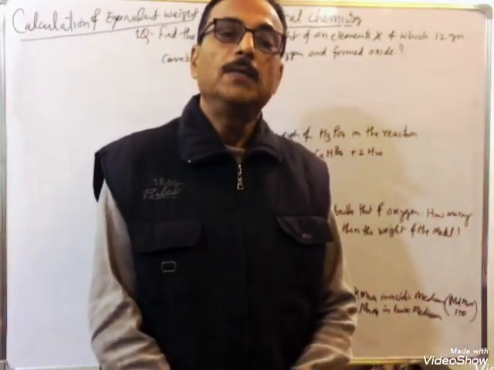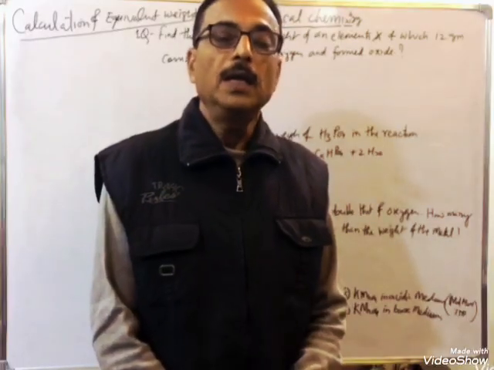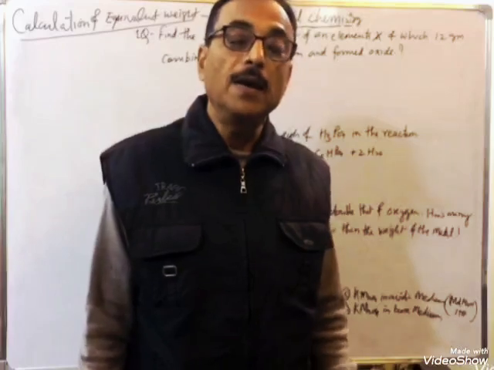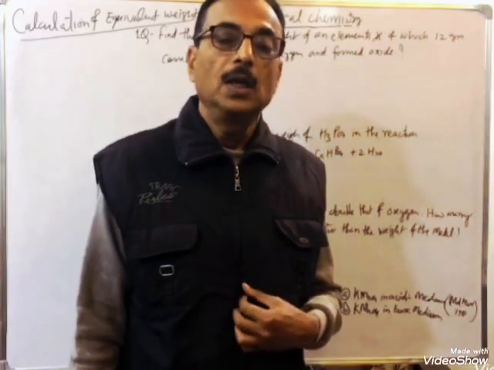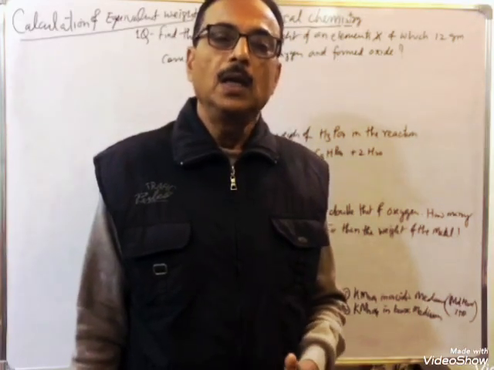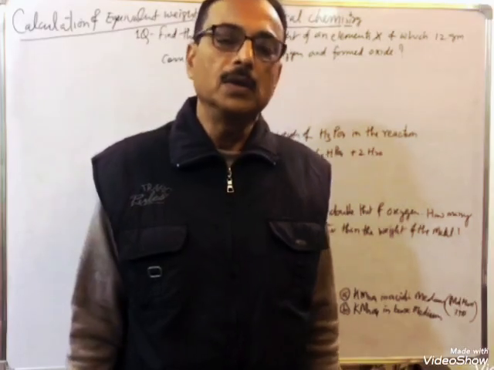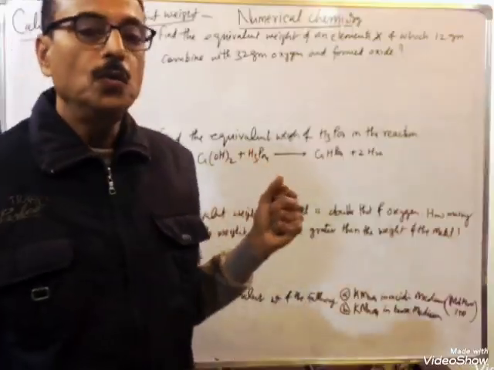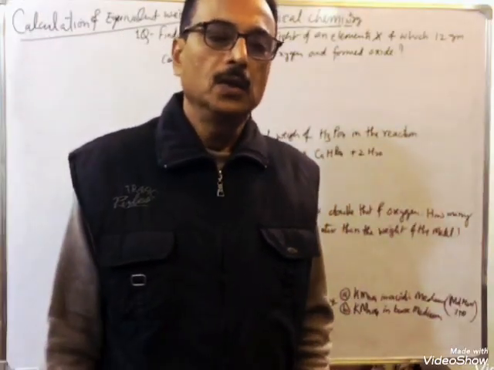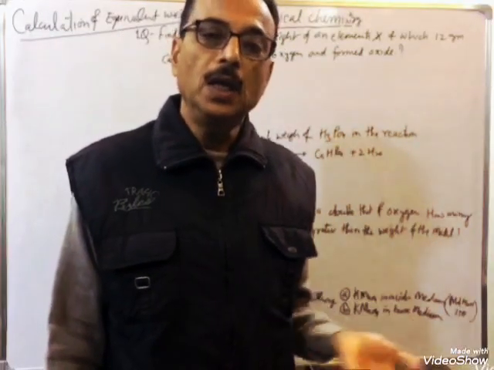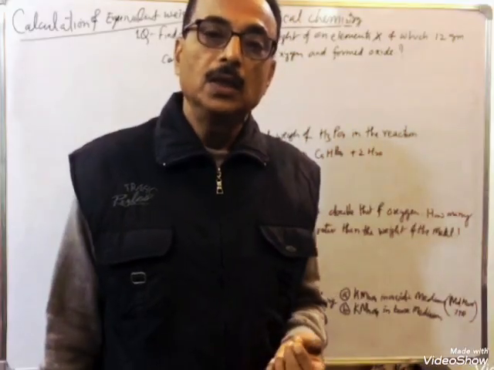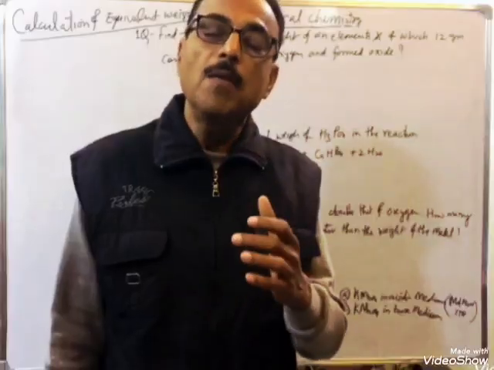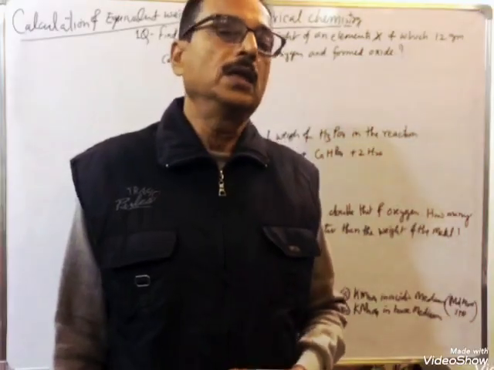You have seen my last video in which I told you in detail about hybridization, what the hybridization process is, and what type of hybridization takes place in the case of carbon. Before that lecture I gave you a numericals lecture. That lecture continues here, and today I will discuss how you will calculate the equivalent weight of different compounds based on the reaction.